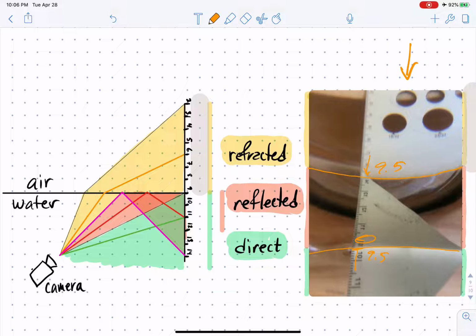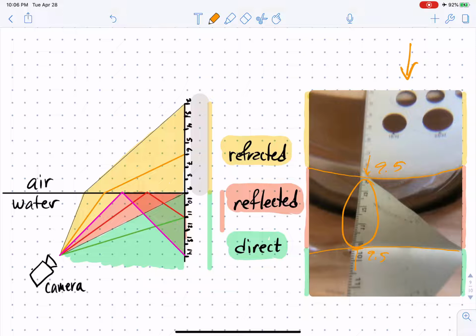So it appears to be higher. You have to look up here, and from your point of view, you think the 9 is way up there where you'd expect to see the 4. So that's just refraction.